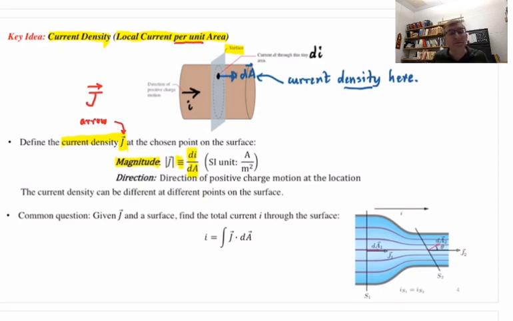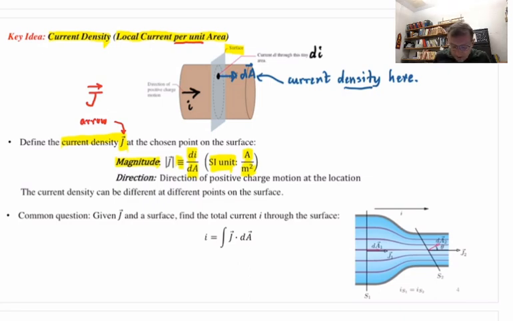The amount of current dI through that little patch of area over that amount of area. What's the SI unit of current density? It must be the unit of current, ampere, divided by the unit of area, meter squared. So ampere per meter squared.